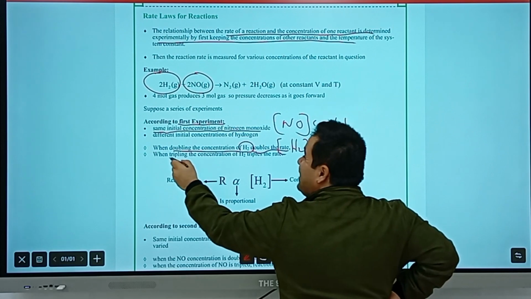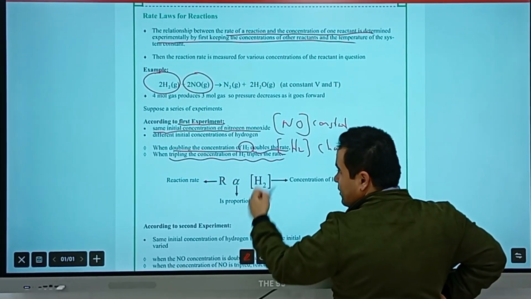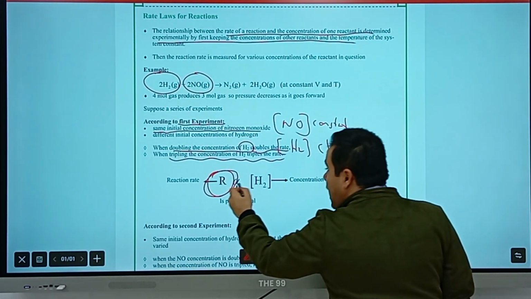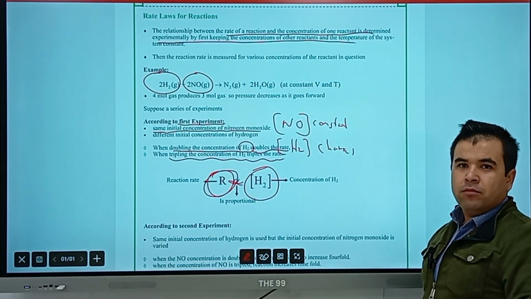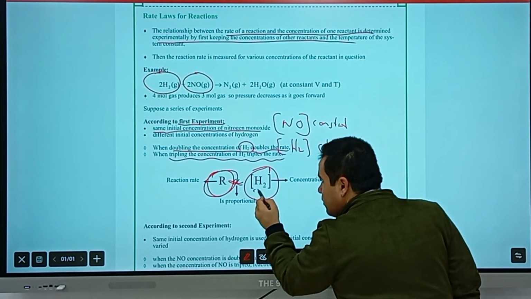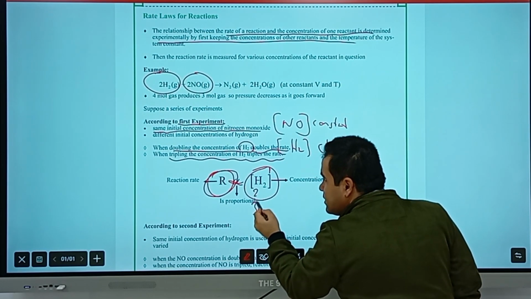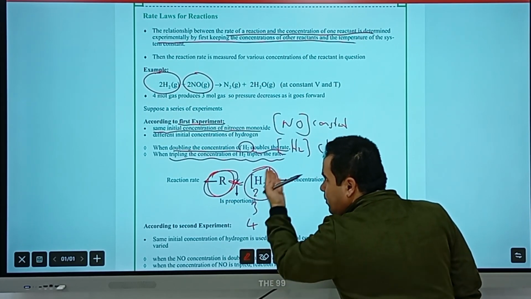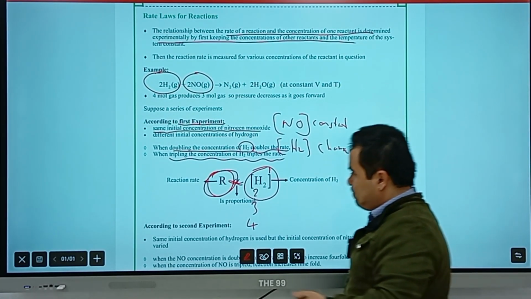And when tripling the concentration of H2, it triples the rate. So we can write the rate R, the rate of the reaction, is directly proportional to the concentration of hydrogen to the power of 1. Why? Because doubling this, 2 to the power of 1, doubles the other. Tripling this, 3 to the power of 1, triples the other. Quadrupling this, 4 to the power of 1, quadruples the rate. That's the effect of H2 on the rate.